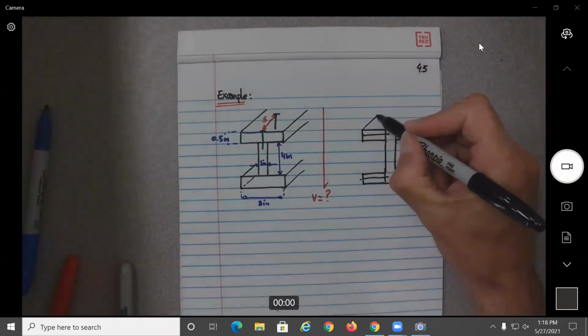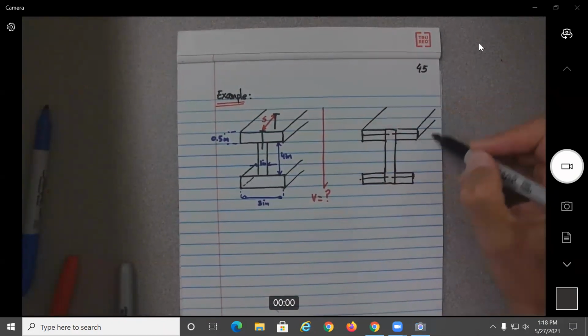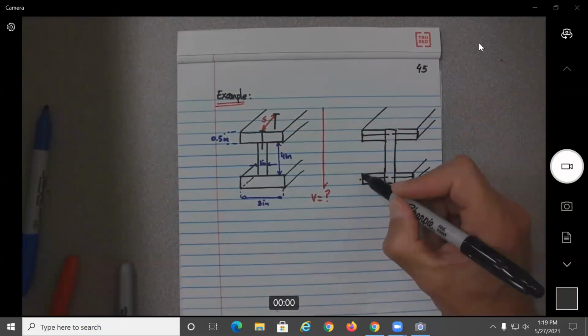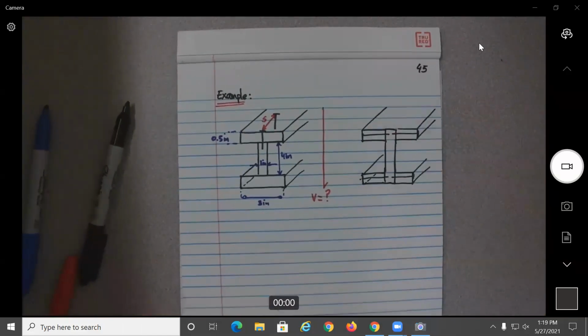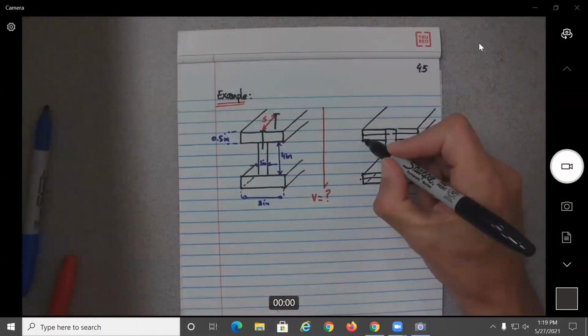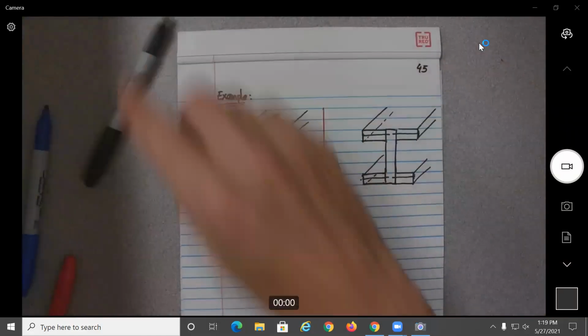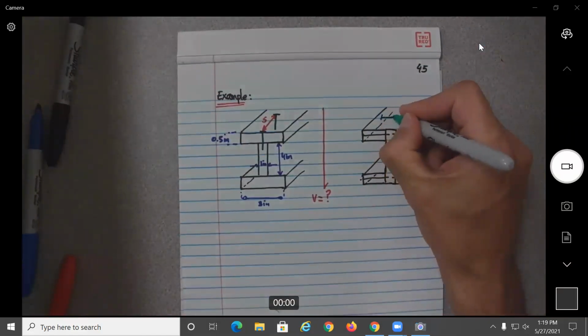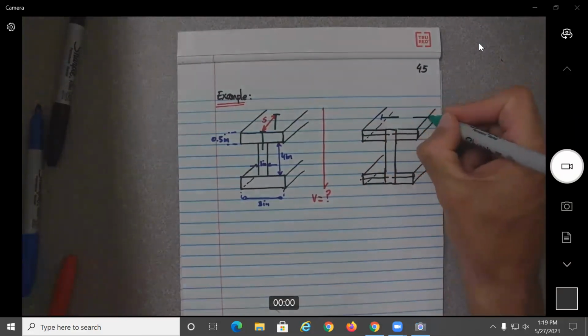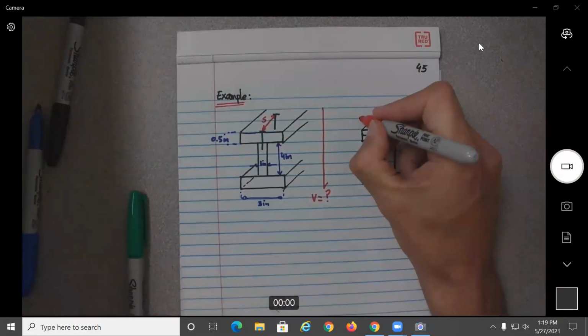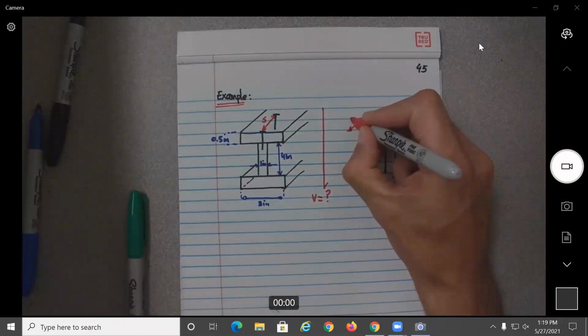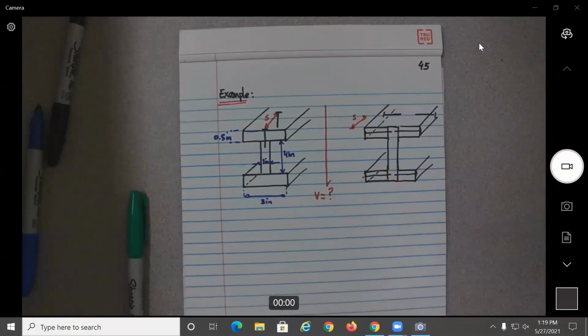Oh, I forgot to do this. Here we can have another one, back here, here. And S will be the spacing. Okay, so this will be here.